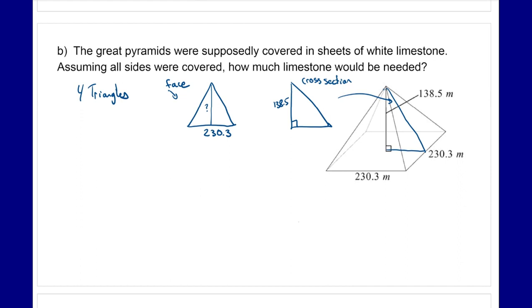I don't know what the base is, but unique characteristic of a square base pyramid, the height will go right down in the middle of this. So this is actually half of the side length. So 230.3 divided by 2, which is 115.15.